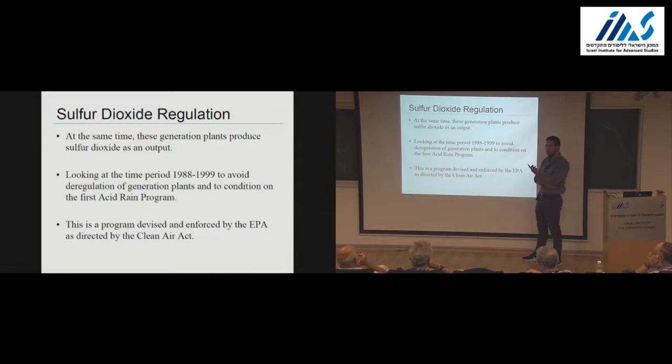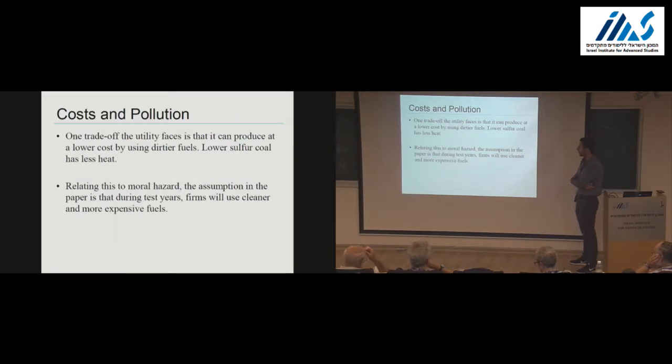Okay, so his production function is that the firms are going to have two outputs. One is good, power, and one is bad, sulfur dioxide emissions. So it's a multi-output production function. One of the trade-offs the utility faces is that it can produce at a lower cost by using dirtier fuels. Dirtier coal has more heat content and releases more sulfur.